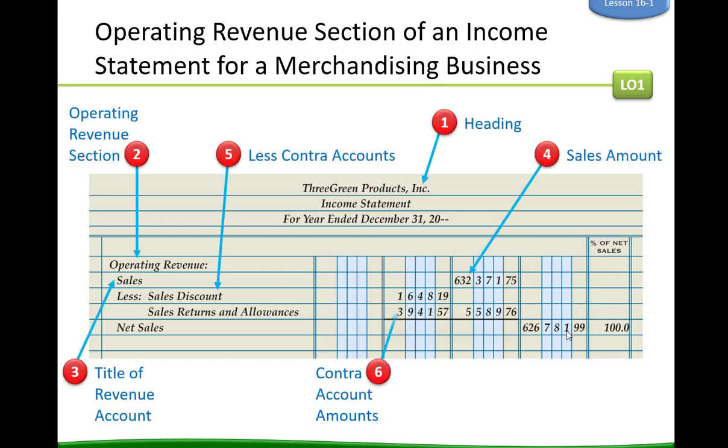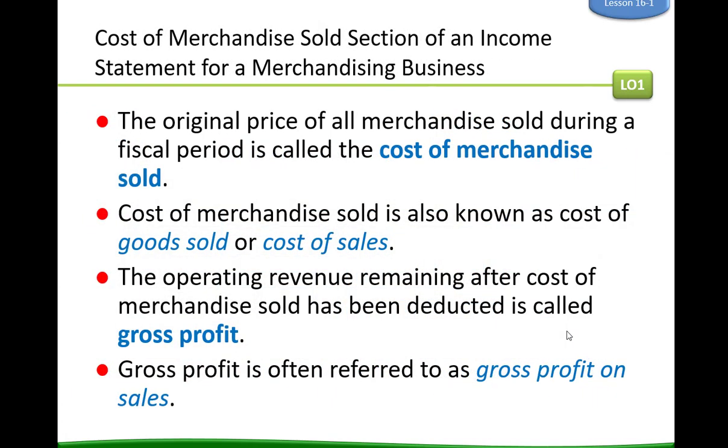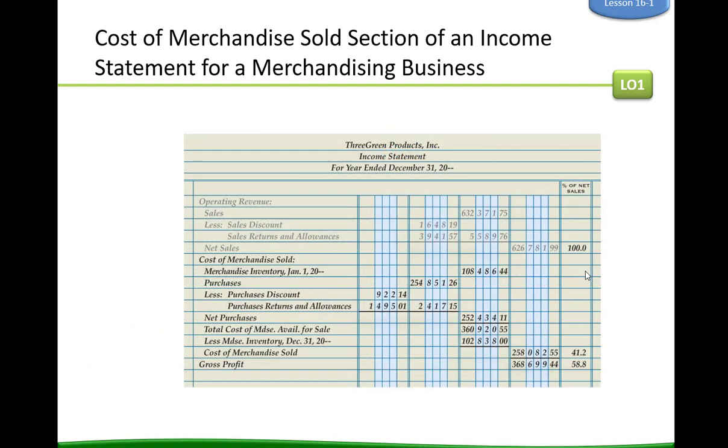The cost of merchandise sold section is going to be the original cost of the merchandise, also called cost of goods sold, and you're going to find the remaining revenue after the merchandise sold has been deducted, called gross profit.